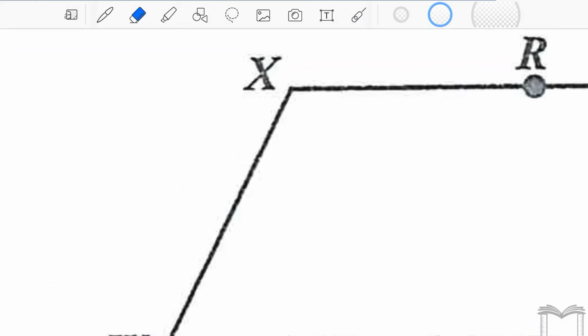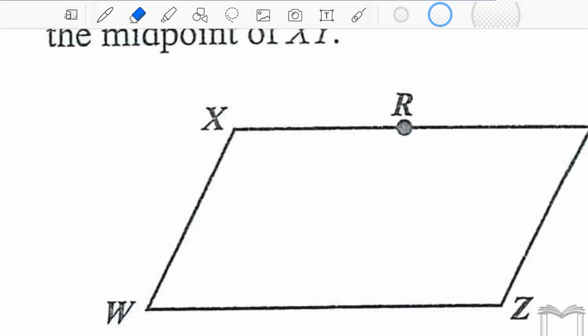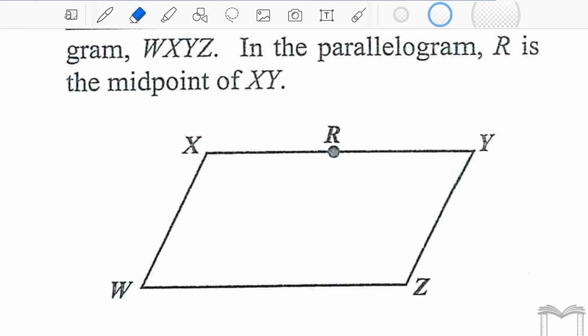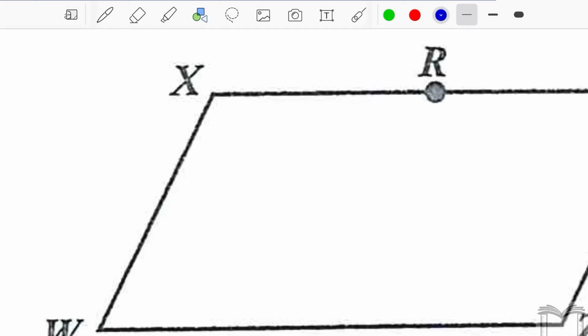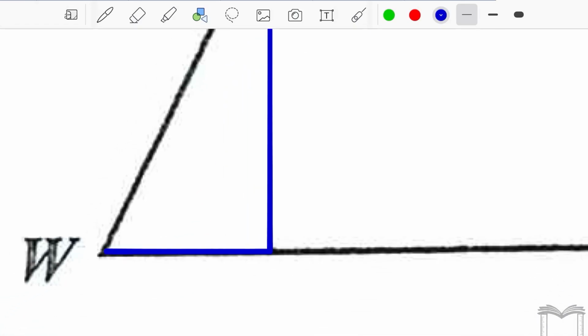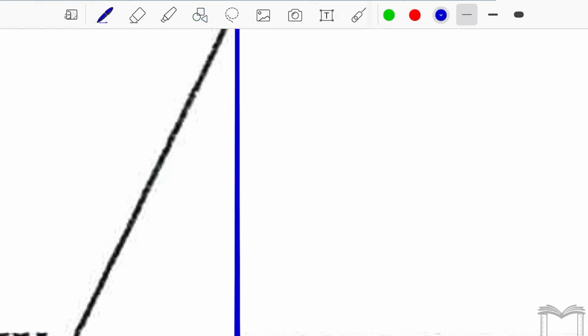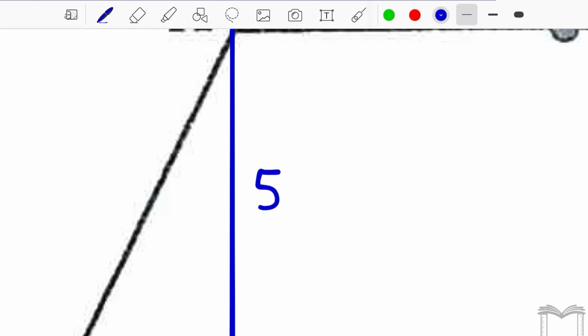So for example, let's just say that we had this parallelogram drawn on a graph sheet and we moved to get from W to X. We would move a certain amount in the x direction and a certain amount in the y direction. So let's say we moved 2 units in the x direction and 5 units in the y direction.